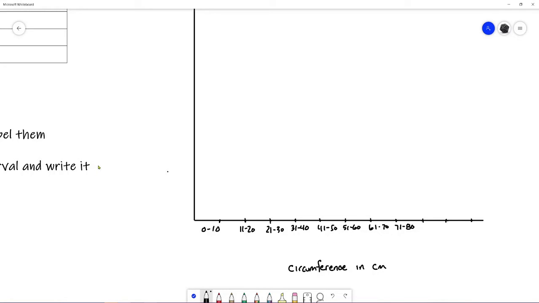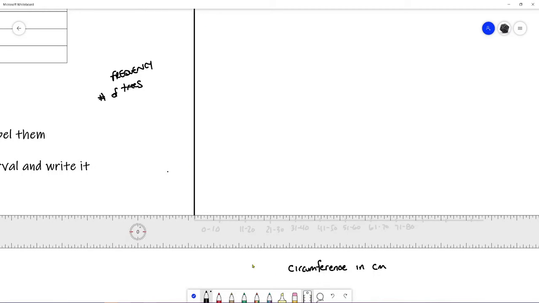Okay, so next thing for me to do is write the frequency. So I have to label the y-axis, which is going to be frequency. In this case, the frequency is the number of trees. Okay, so I'm going to take my ruler out, and now I'm going to mark spacing that's even on the vertical or the y-axis.